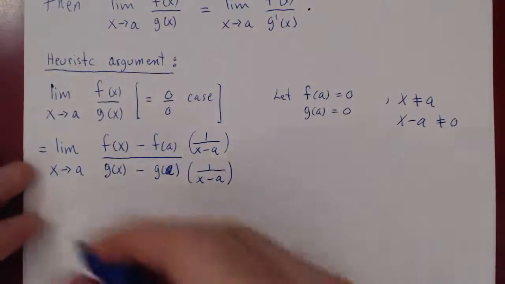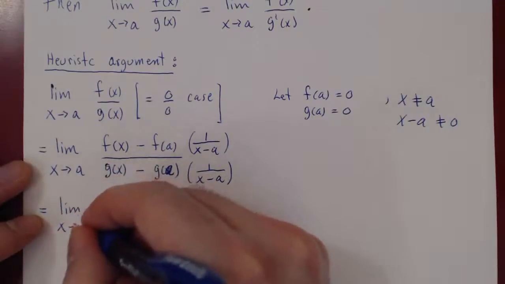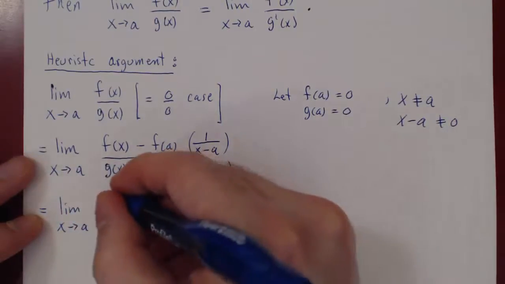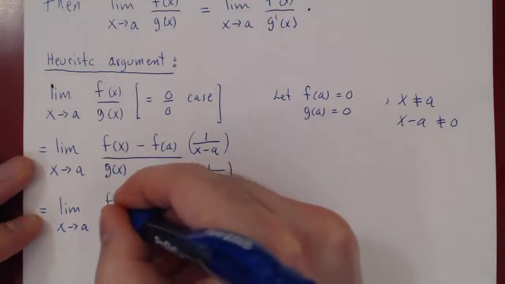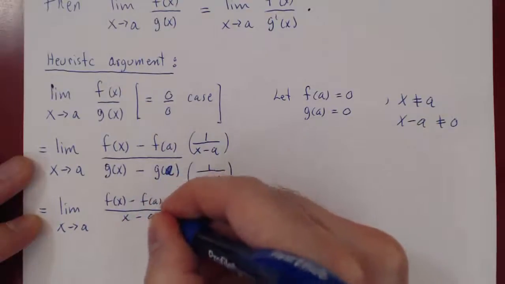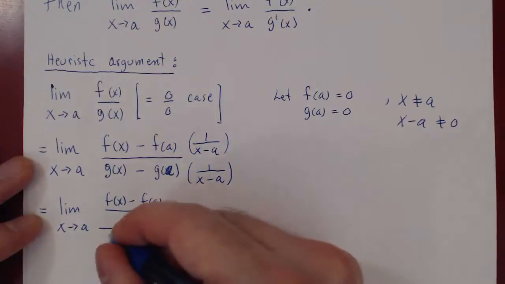And let's see what we have then. We'll have the limit, as x approaches a, of, on top, f of x minus f of a over x minus a, all over the same expression now, but with g of x minus g of a over x minus a.